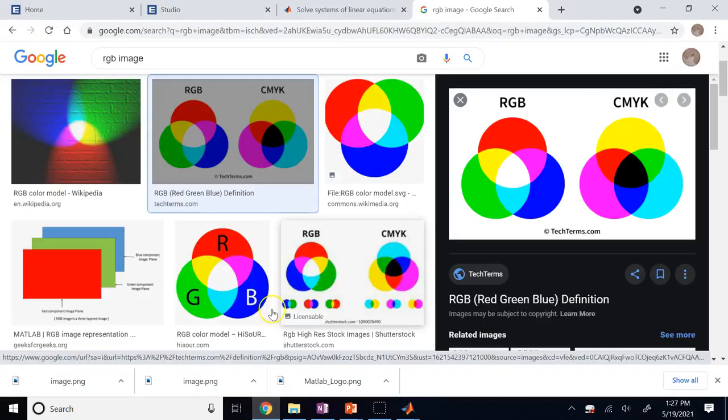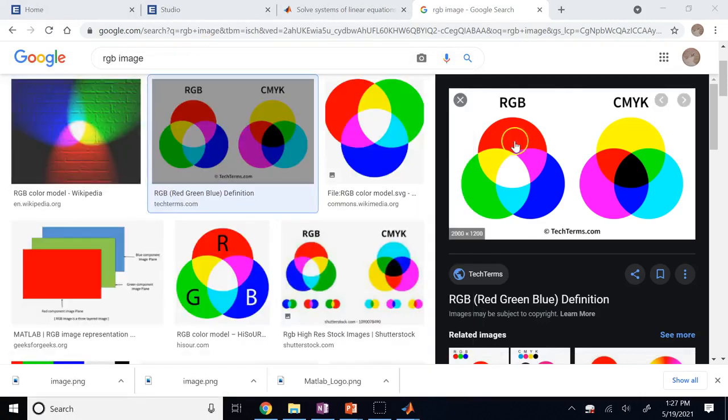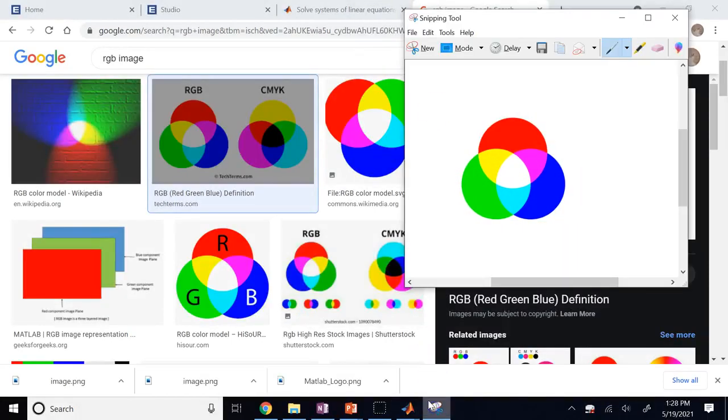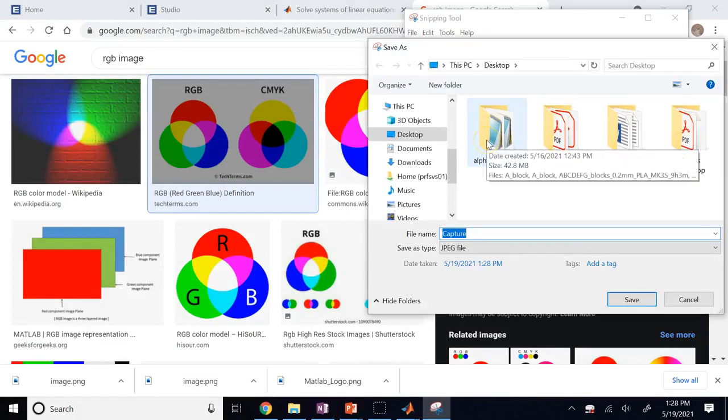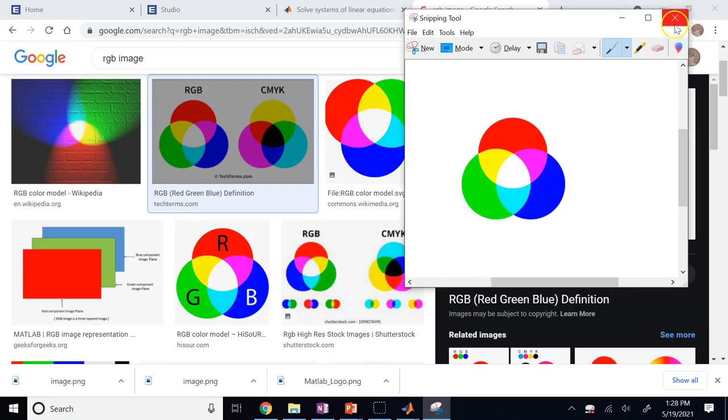For some reason it is saving it as black and white, so I have to use some trick here and show you. RGB under downloads, JPEG file.